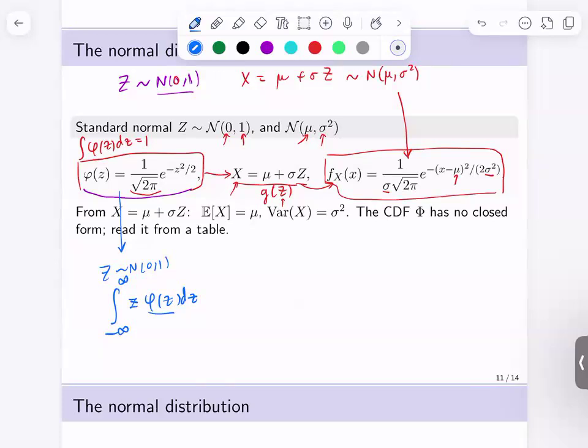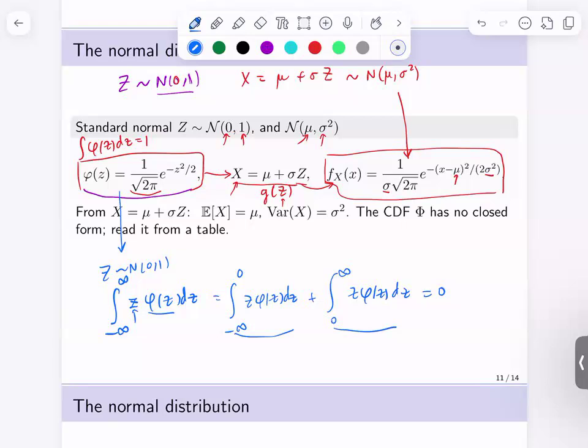It doesn't change if I flip the sign, but the sign of this flips. So the integral of z phi z dz from negative infinity to 0, if I break it like this, these two are negative of each other. And so they cancel each other out. So you can think of that later.